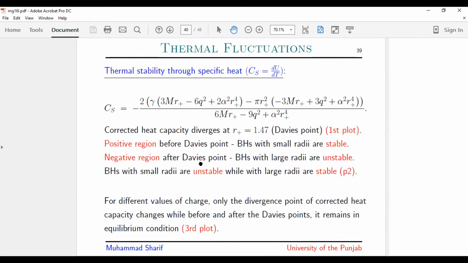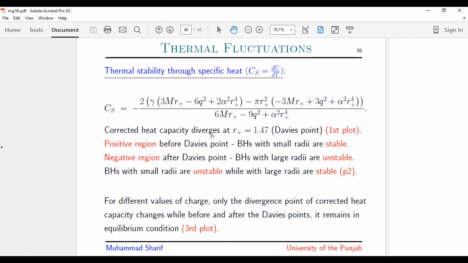And finally, we discuss thermal stability. First, we show this through specific heat. And obviously, this is the corrected specific heat. Earlier, we discussed this with uncorrected heat capacity.